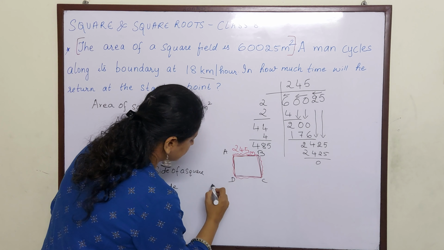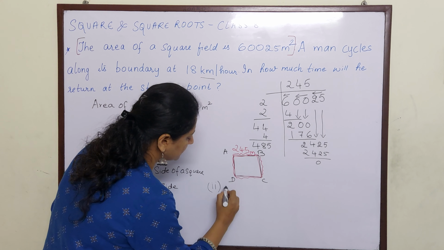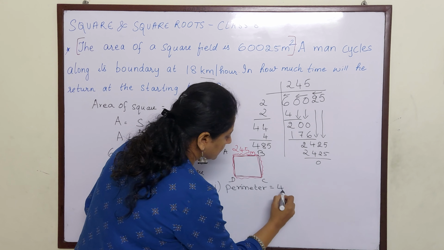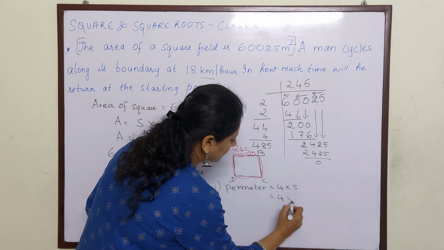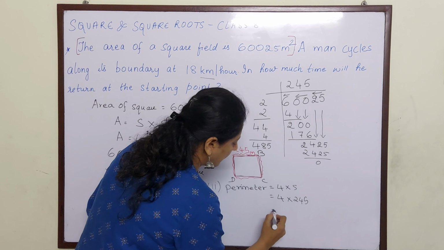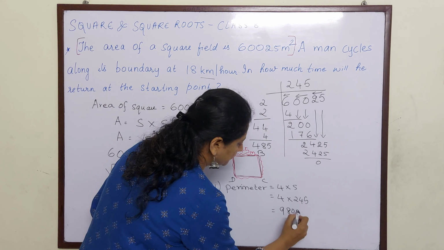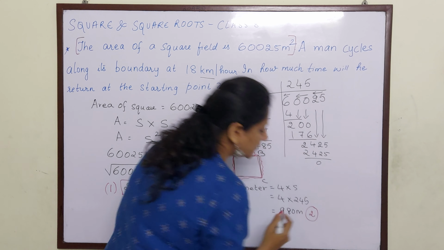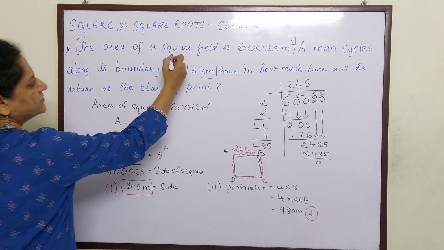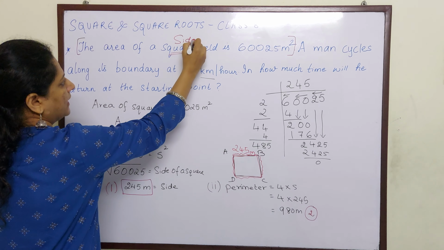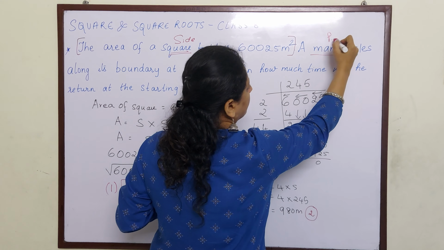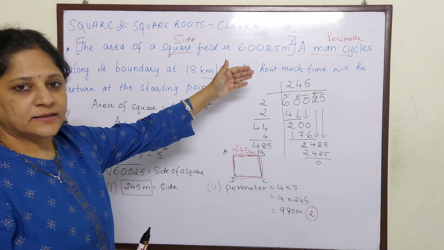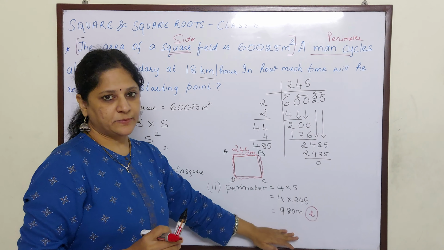So our second step is to find the perimeter of the square. The perimeter formula is 4 into S. So 4 into 245 gives us 980 meter. So I can say the distance covered by the man is 980 meter.